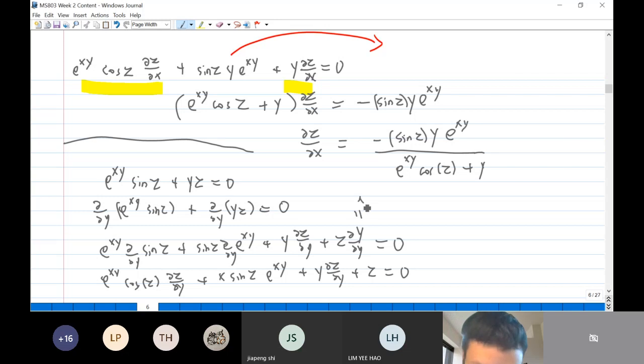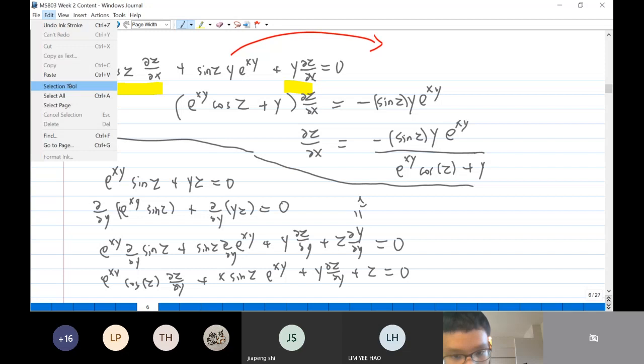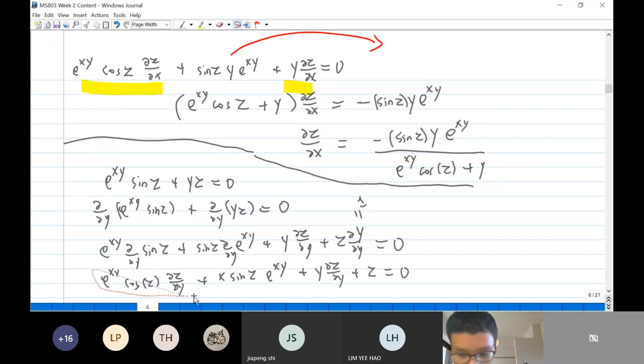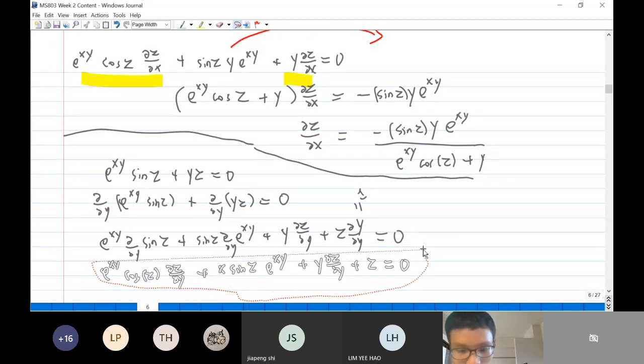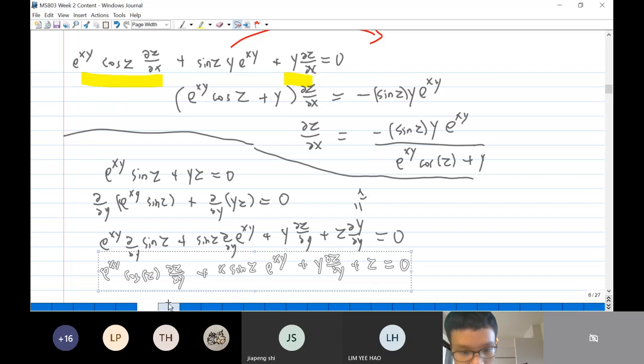Differentiate with respect to y equal 1. Okay, so I need to copy this thing. Continue. Okay, I did copy. Go to the next page.